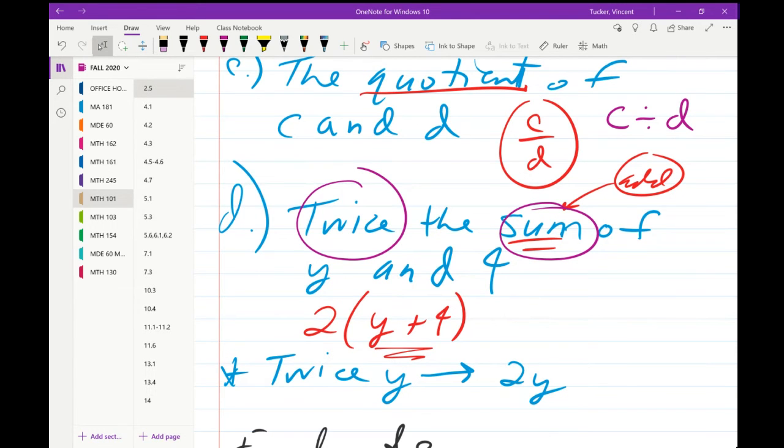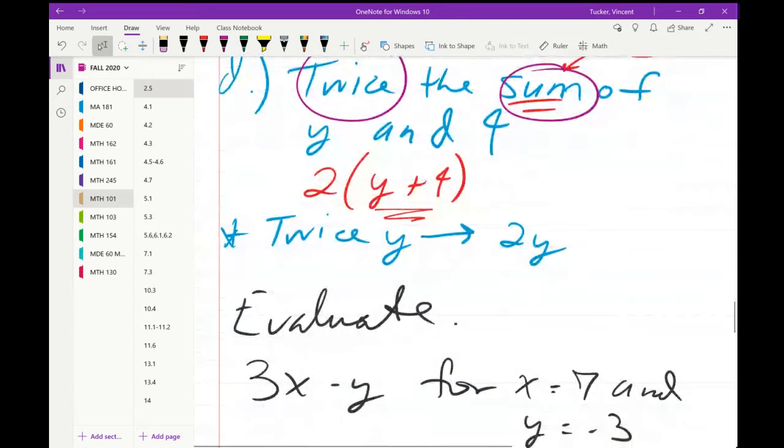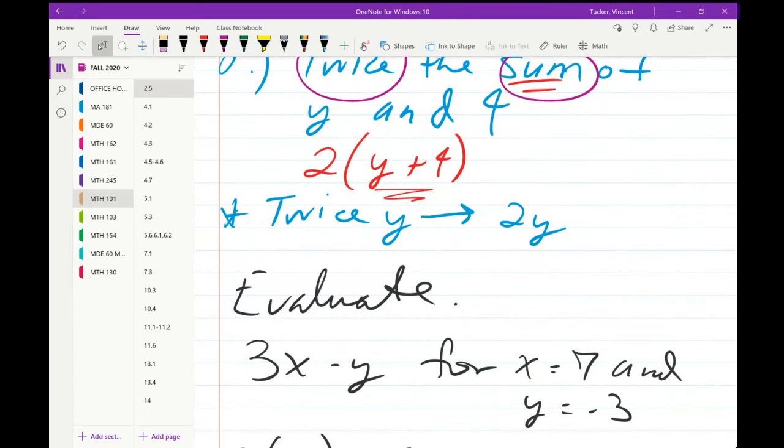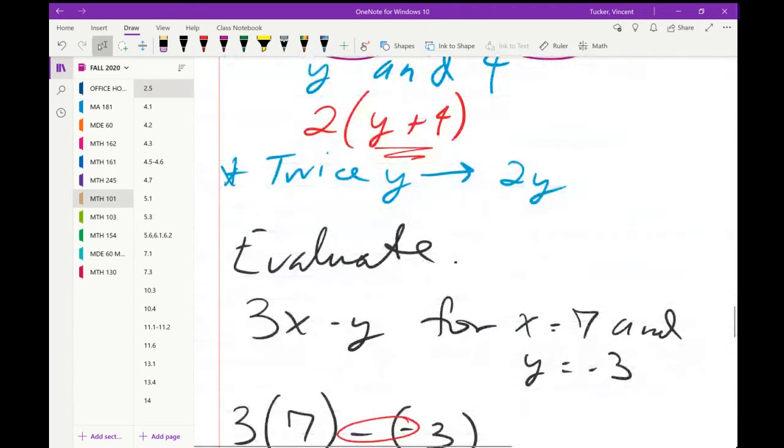All right. So next one, evaluate. In this case, they'll give you an algebraic phrase and then they'll give you numbers to plug in for the unknown, for those variables. So we have 3x minus y, and they want you to evaluate for when x is equal to 7 and y is equal to negative 3. So all that means is you plug in 7 for x, negative 3 for y, and then do the calculations.